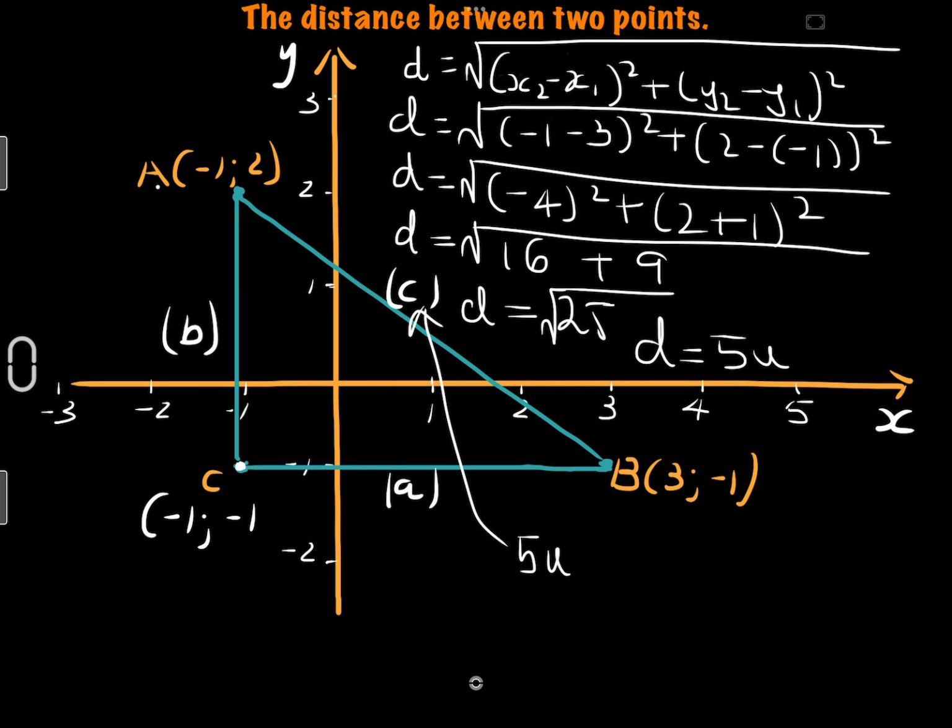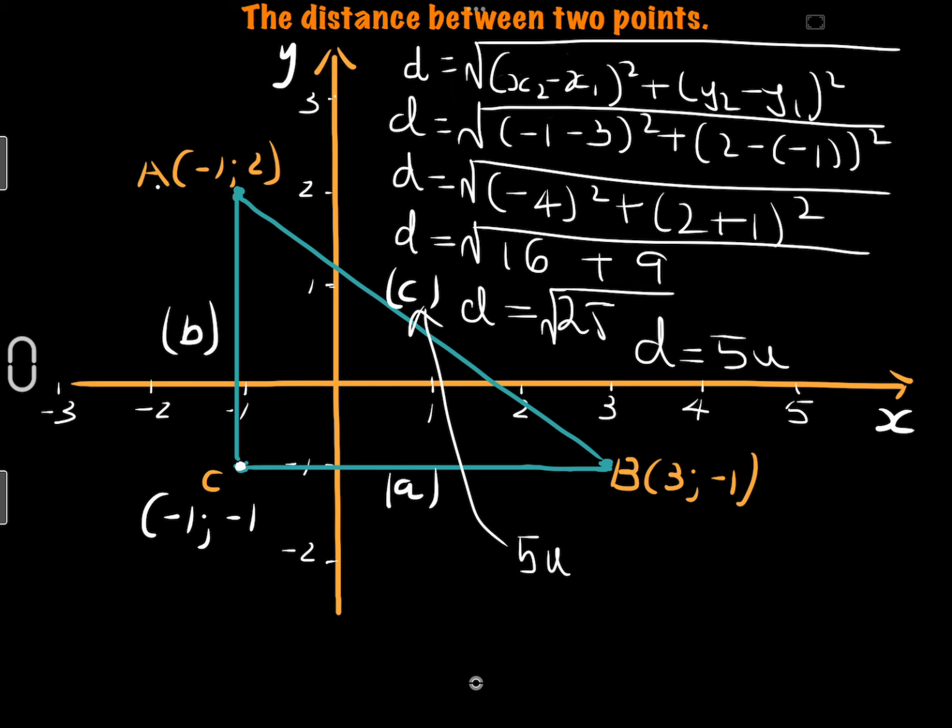To find the length of AB, or the distance from point A to point B, is just simply 5 units. And then for question 3, we are asked: A, we have XA and YA, and B, we have XB and YB, are the endpoints of the line segment of length D units of the Cartesian plane.